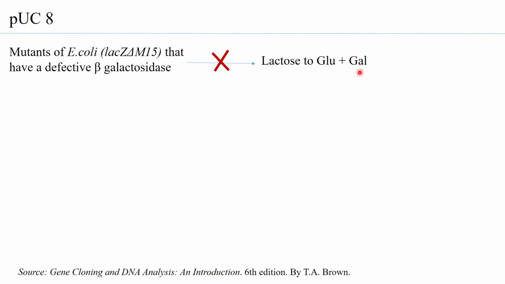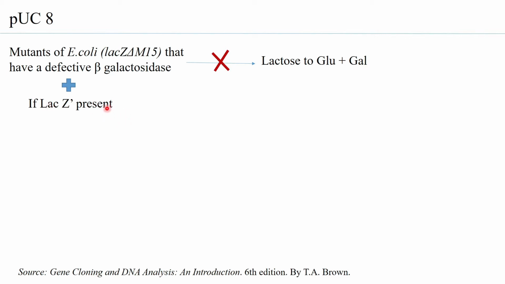to glucose and galactose. Now, suppose this mutant E. coli is supplemented with lacZ prime. So if lacZ prime is present, and we all know that lacZ prime is the alpha component of the beta galactosidase, it is about 146 amino acids, and that 146 amino acid product is the alpha peptide of the beta galactosidase.